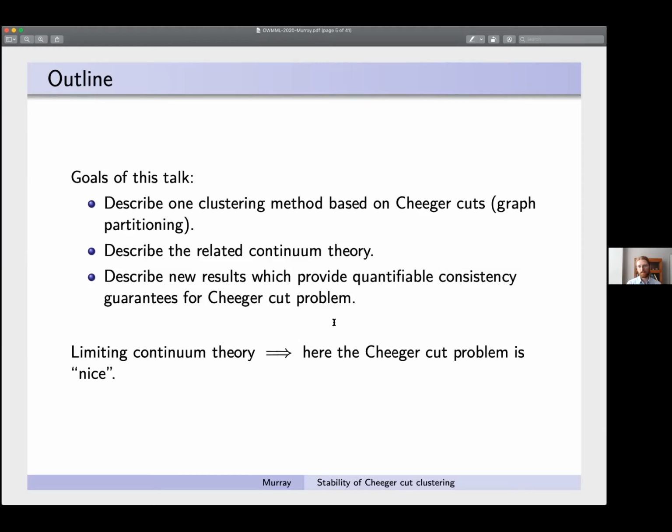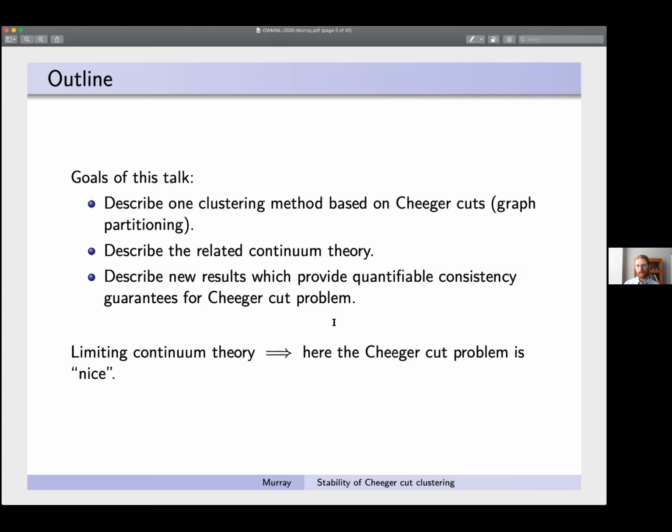One other higher level message that I want to give is that the limiting continuum theory, which is relatively well behaved and is connected with the isoperimetric problem, alludes to the fact that the Cheeger cut problem in this setting is perhaps nicer than the very general Cheeger cut problem on graphs, okay?